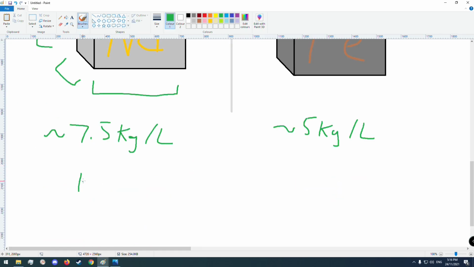Neodymium typically costs $470 Australian per kilo, whereas ferrite magnets are $32 per kilo. Now these numbers right here, I looked for quite a while to find a specific average price for them, but I just couldn't seem to find one anywhere.